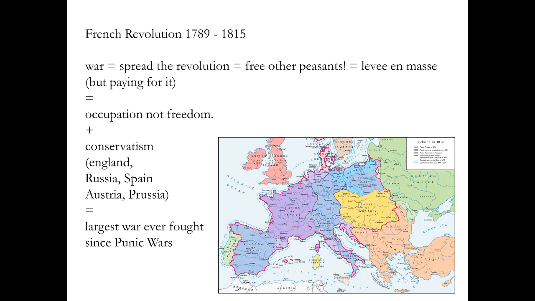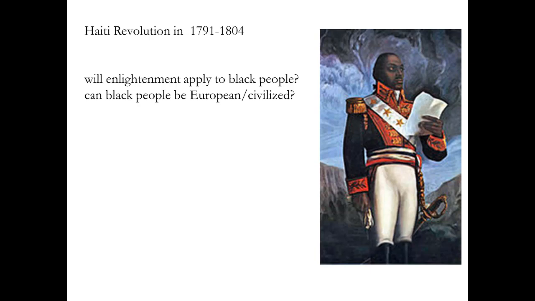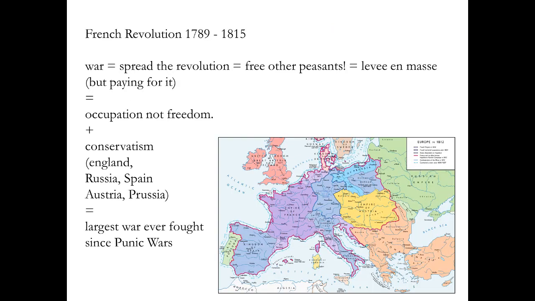It is going to spread from Moscow to Portugal. It is a European-wide war. So everyone is going to be sucked into the wars of the French Revolution. And in the end, France loses and conservatism wins.